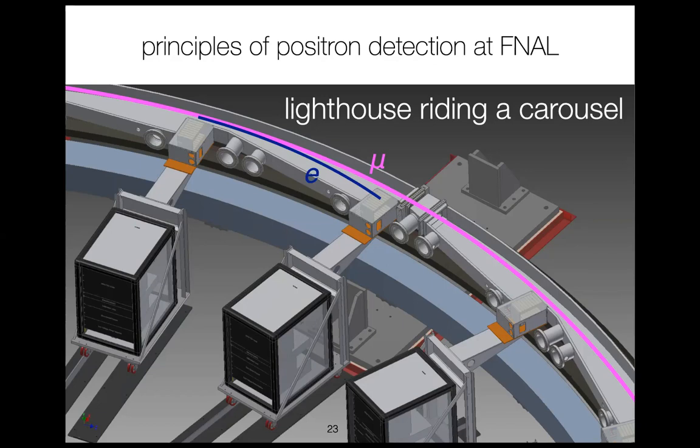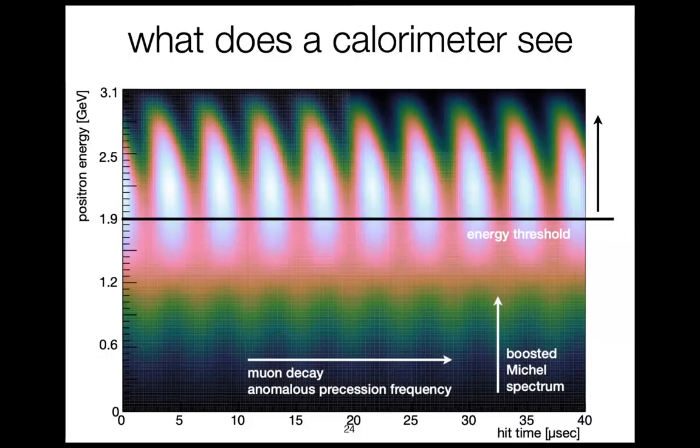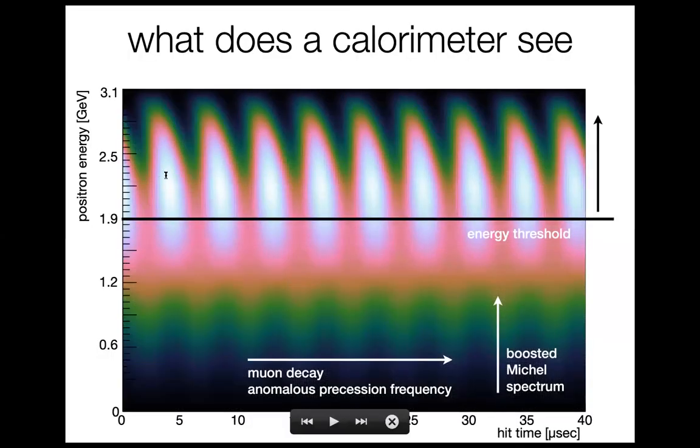In this plot, which is a Monte Carlo simulation, the light colors show how many positrons with that energy we have. And as a function of time, the energy moves from high energy to lower energy. Then by applying an energy threshold, we turn this into a plot we can fit into a histogram below. We can fit.